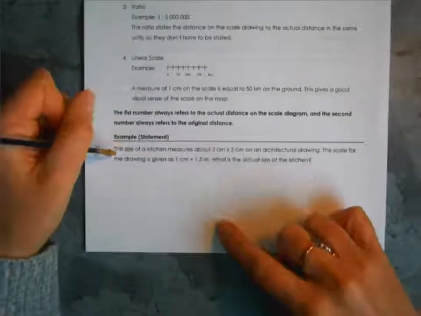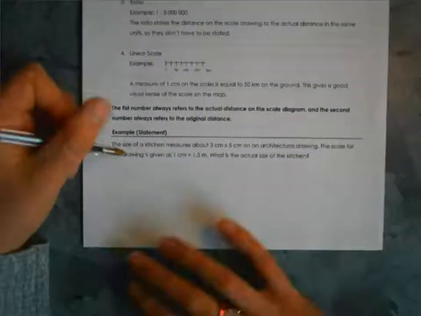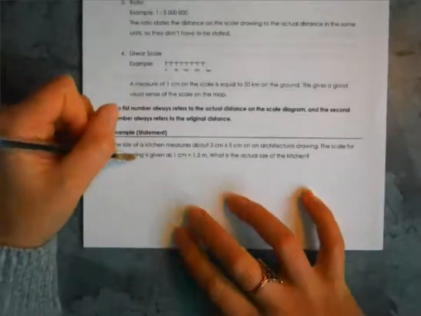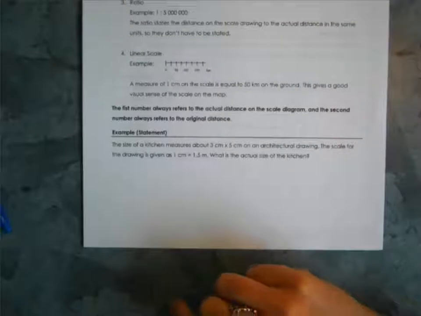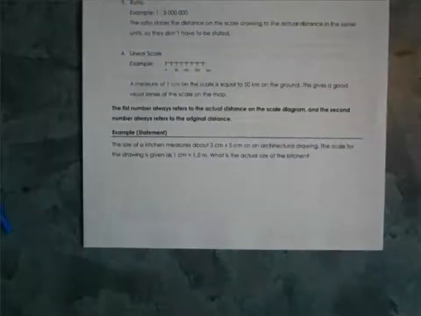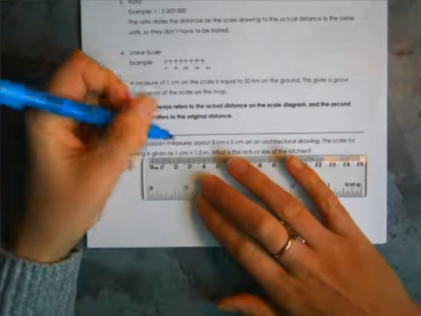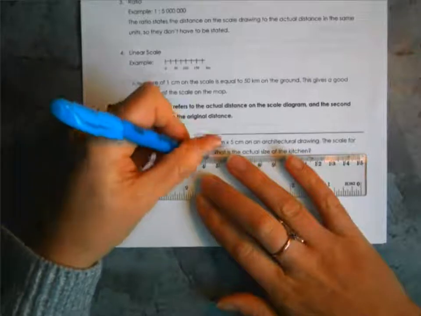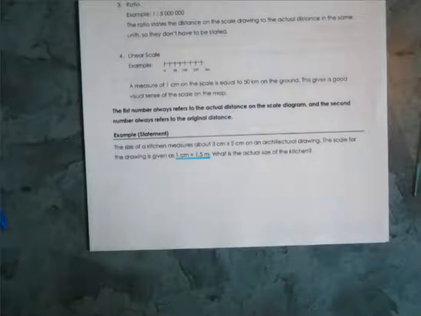The first one, we have the size of a kitchen measures about 3 centimeters by 5 centimeters on an architectural drawing. And the scale is given as 1 centimeter for every 1.5 meters. And we want to figure out what is the actual size of the kitchen. Okay, so if you recognize this from our previous lessons, we can think of this as being kind of like a rate, even though it's expressed as a statement here, right?